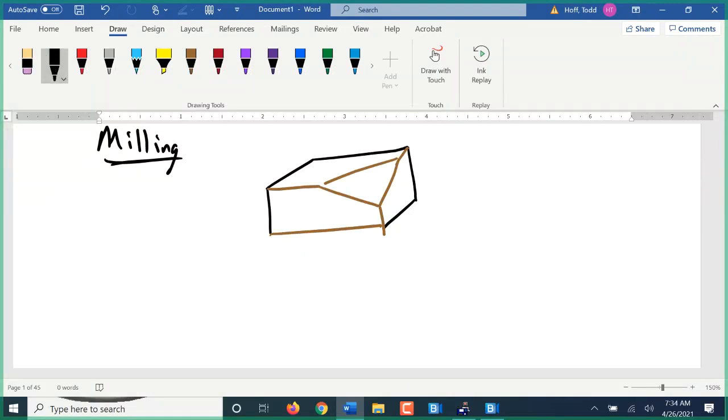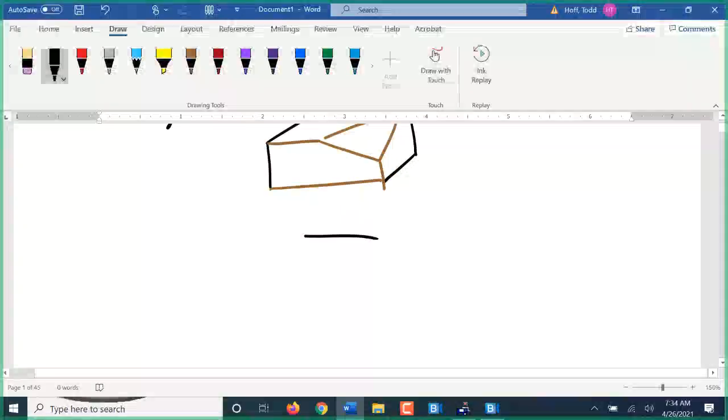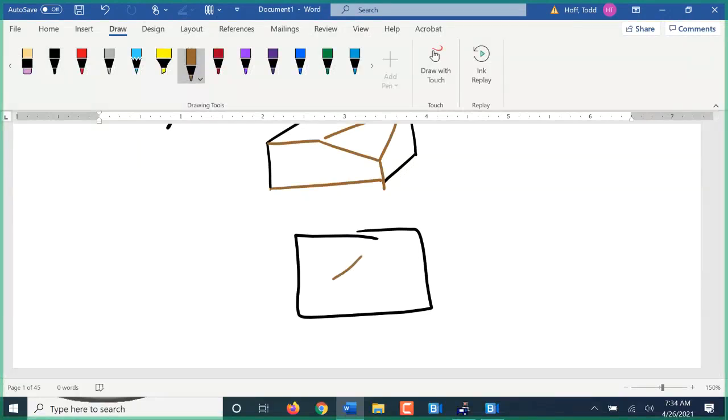We're going to have to rotate that. Looking at the table of our mill, that has to be rotated so that this part of the corner, that top edge, that would be this edge here, is now perpendicular to the mill, or parallel to the mill, whichever way you want to look at it. That's your rotation there.